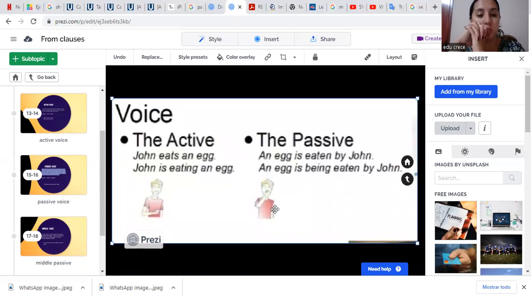As in previous sentence examples, for example, John eats an egg, or John is eating an egg, in progressive voice, okay? This is the active voice.